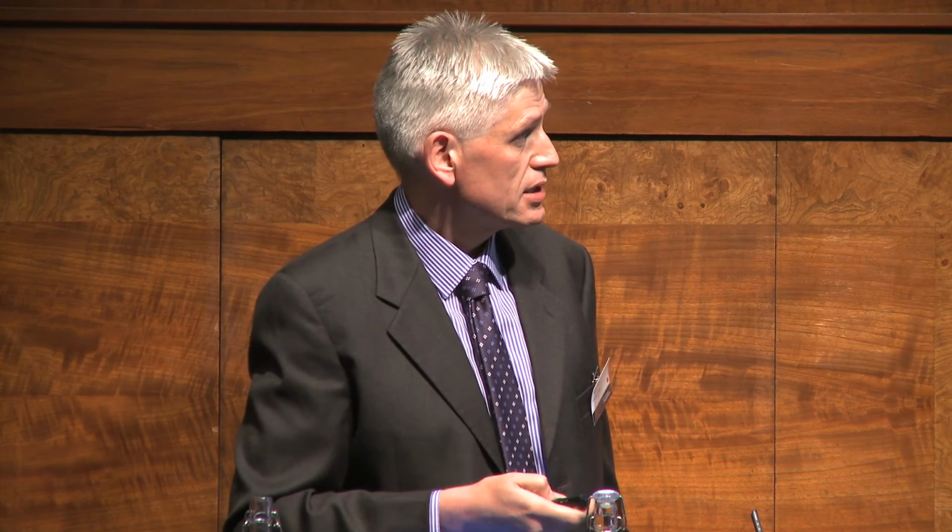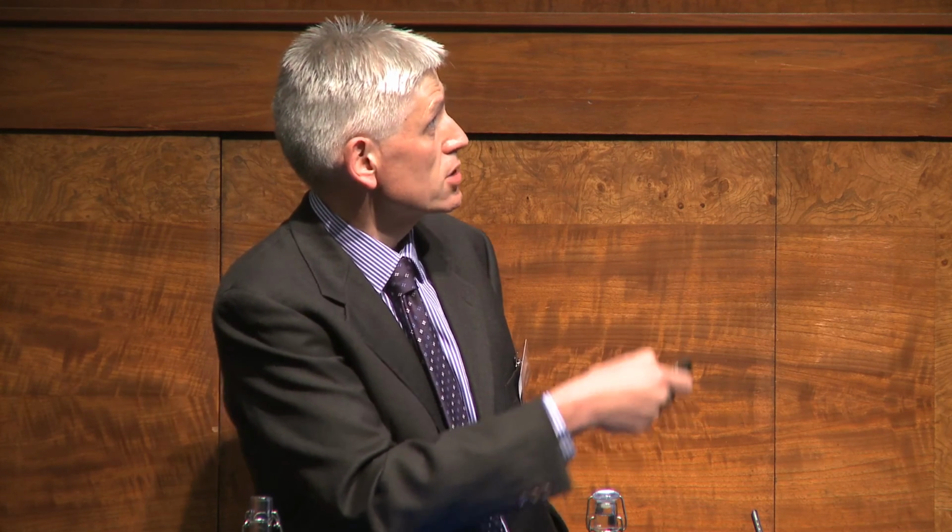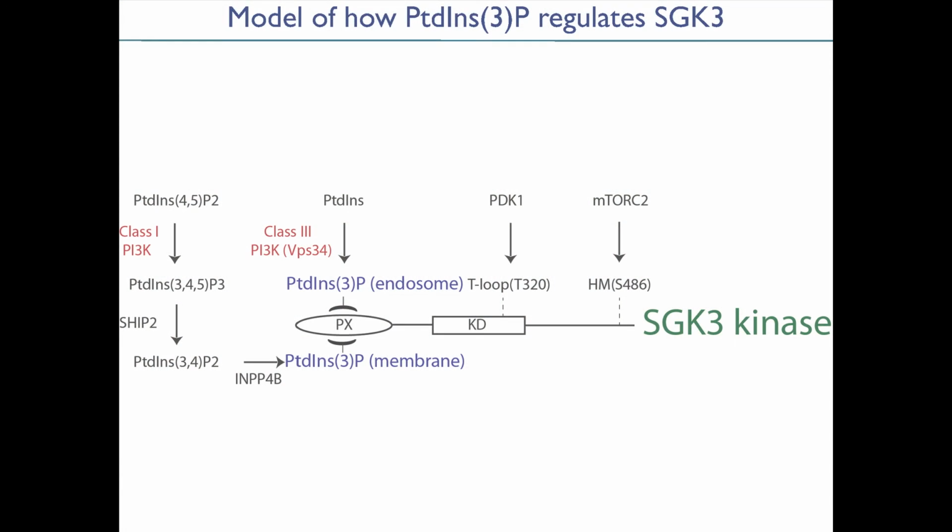So our feeling is that SGK3 is probably controlled by 2 pathways: by the classical class 1 PI3-kinase pathway, in which the PI3P is made through this route, but maybe more importantly by the class 3 PI3-kinases that make PI3P at the endosome.